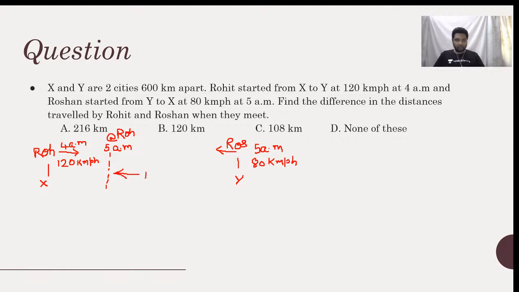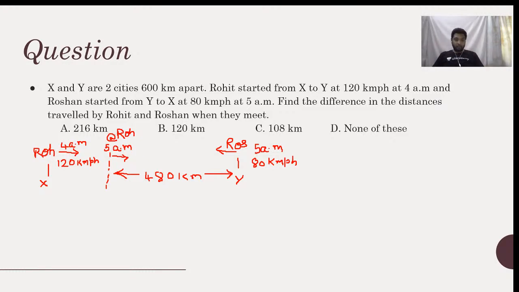So this distance is nothing but 480 kilometers. Rohit is traveling in this direction, Roshan is traveling in this direction, 120 kilometers per hour, 80 kilometers per hour. That means every hour they come closer by 200 kilometers.